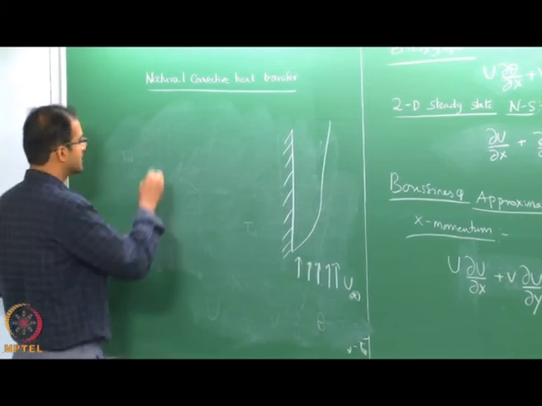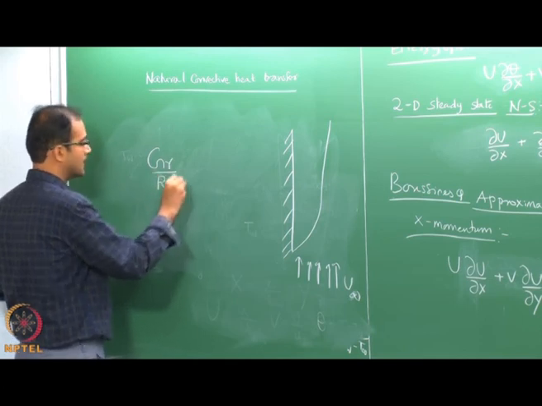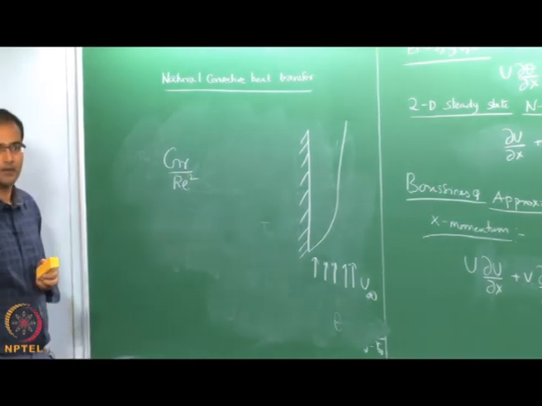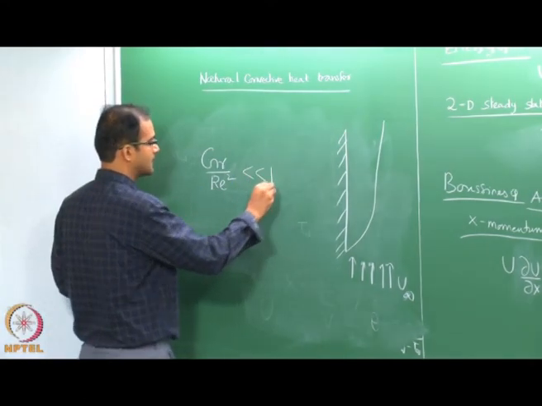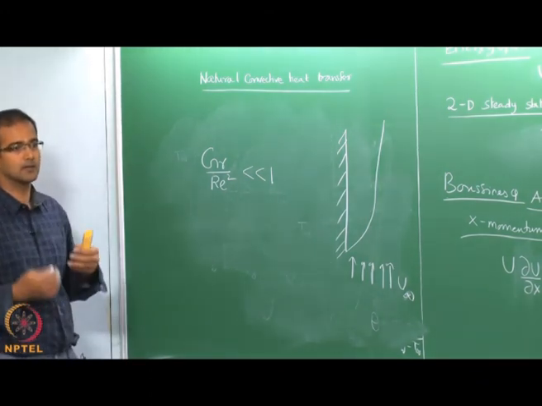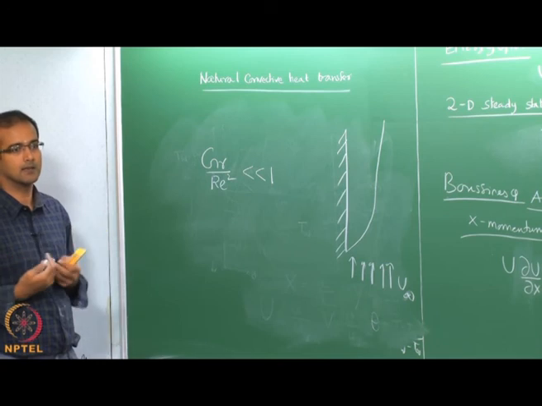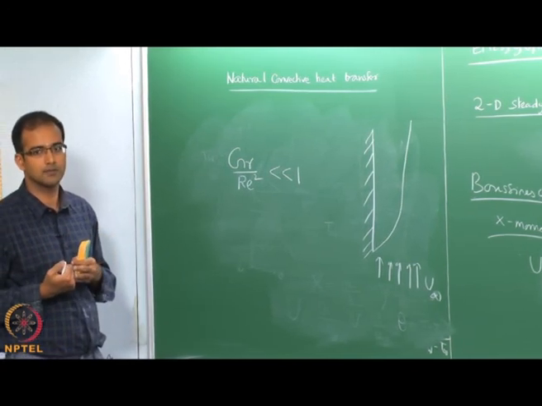Okay. So, in that case what is important, how the different regimes are classified, is by the ratio of Grashof by Re square. Okay. So, if you are talking about these values much lesser than 1, that means your bulk velocity is now overpowering your buoyancy force.